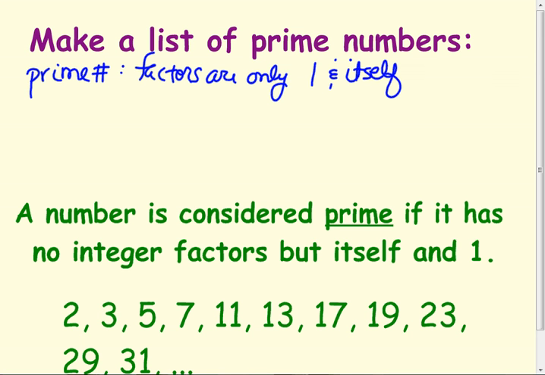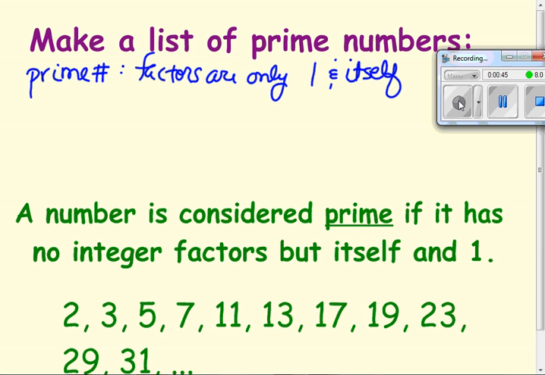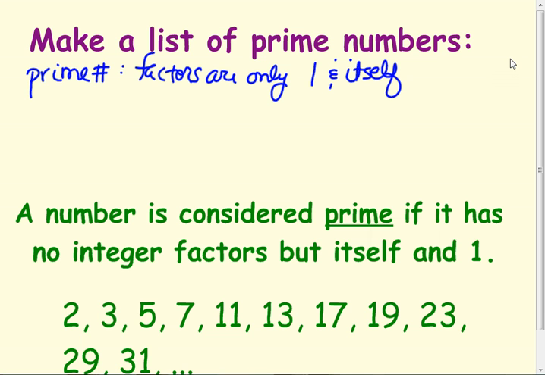Okay, I have a list of prime numbers here. We're going to do stuff with those prime numbers. Prime numbers have exactly two factors, one and the number itself.